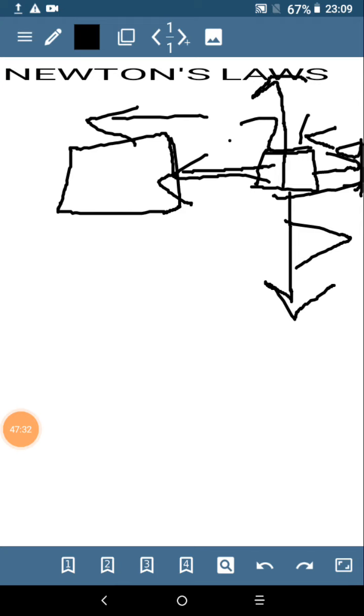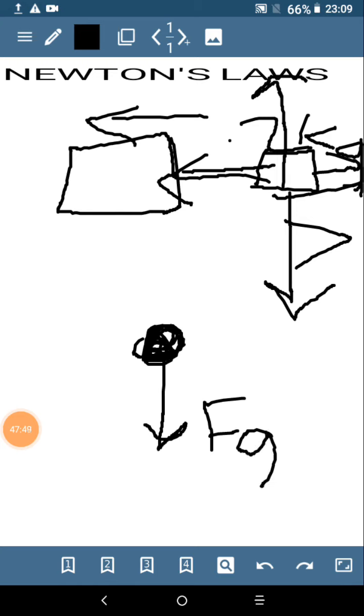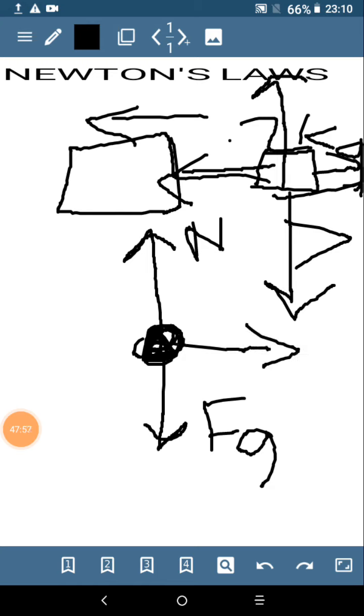Now let's come to draw the free body diagram. Make a big dot there and just copy from your first diagram. We drew the force of gravity, identified the normal force, identified the frictional force.